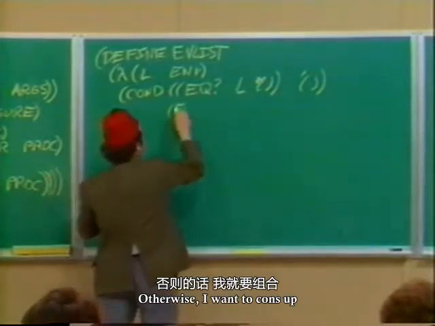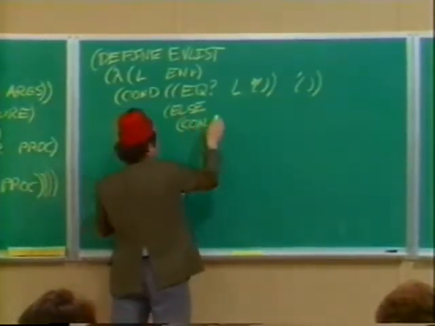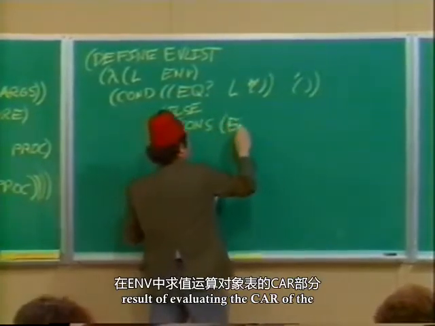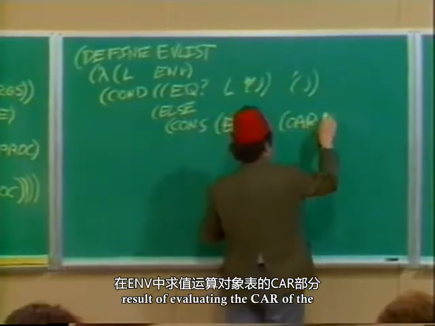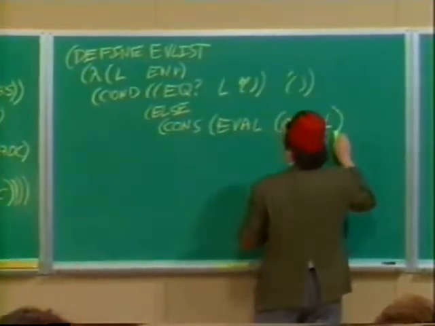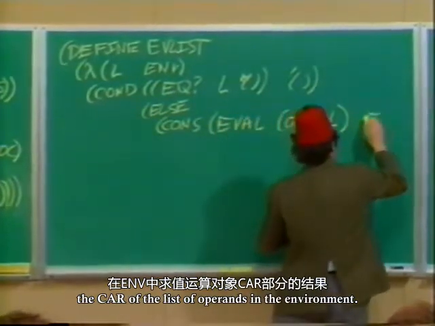Otherwise, I want to cons up the result of evaluating the car of the list of operands in the environment.